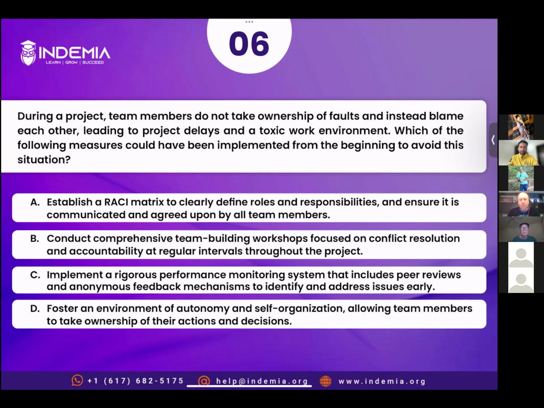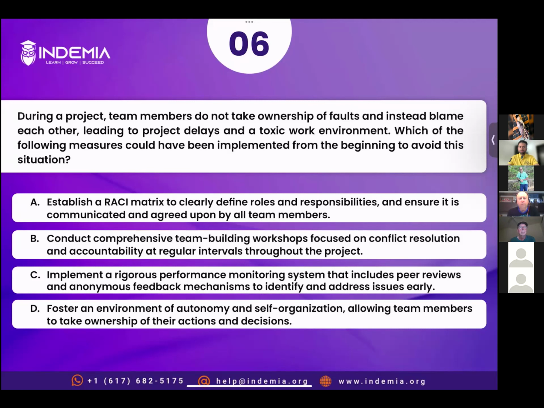If we read it again, team members do not take ownership of faults and instead blame each other. That's the key point. Blame each other. When you do not have defined roles and responsibilities, only then you can blame others.